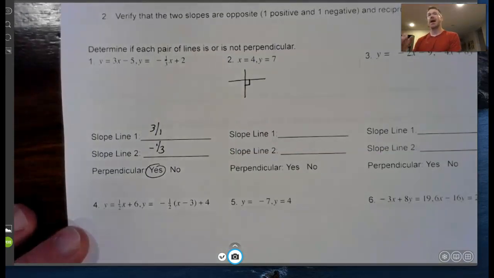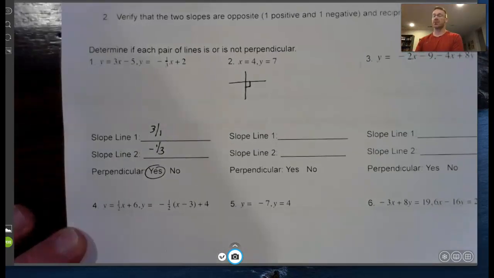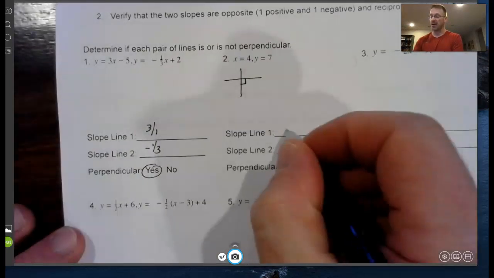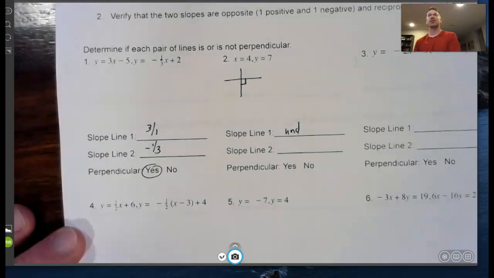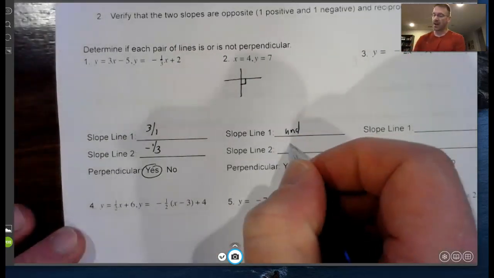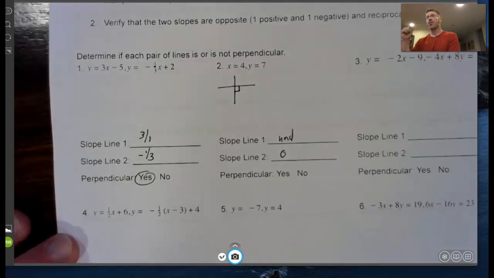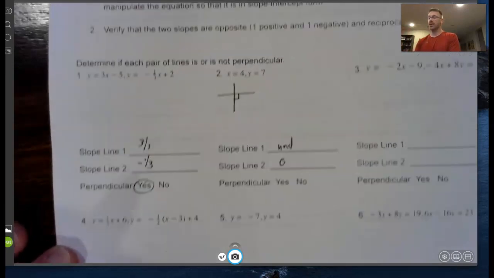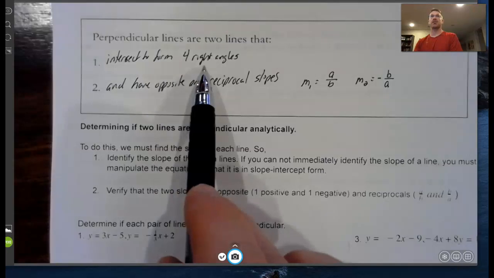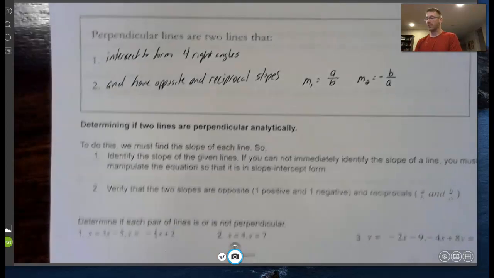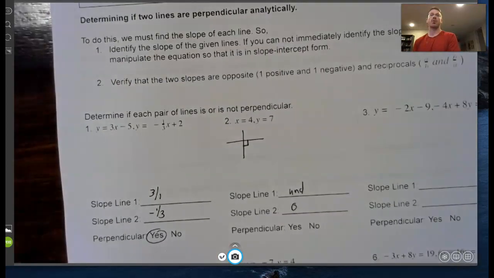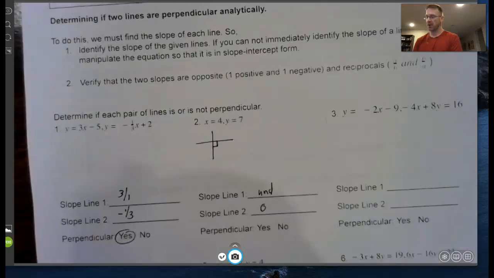Sometimes you might need that because the slopes don't necessarily look like opposite and reciprocals, because the slope of a vertical line is undefined and the slope of a horizontal line is 0. So when you write those out, you may not see opposite and reciprocal, but we have a concept too, and that really gets back to this idea here: intersects to form four right angles, and we know that's always going to be the case with one horizontal and one vertical line. So these are also, in fact, perpendicular.